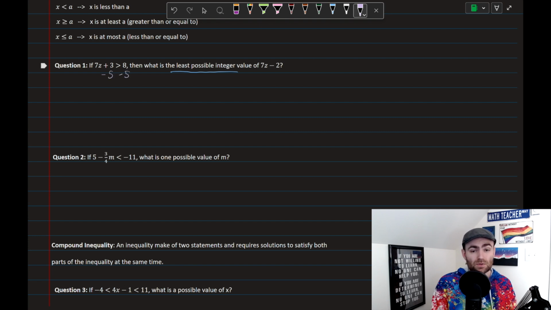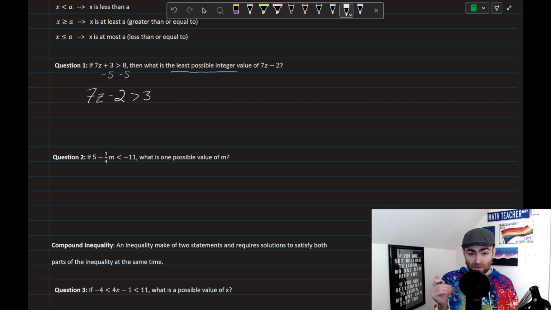What I do to one side, I do to the other. We're going to try to maintain the equality here, just like we did with equations. So we get 7z minus 2 is greater than 3. So what is the least possible integer value?